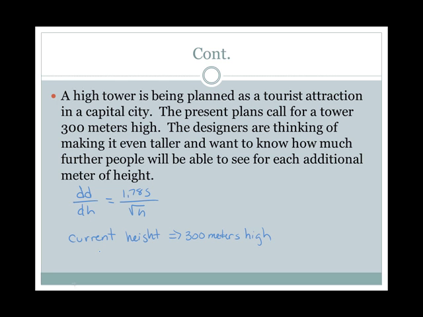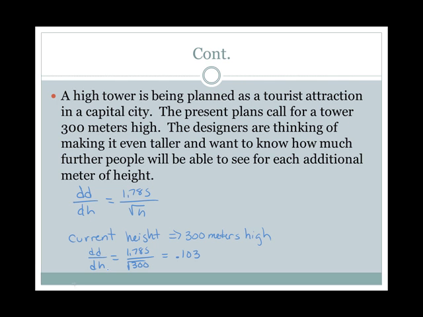So my dd/dh, if I plug in 300 and work that out, I get 0.103. And that is my change in distance with respect to height.